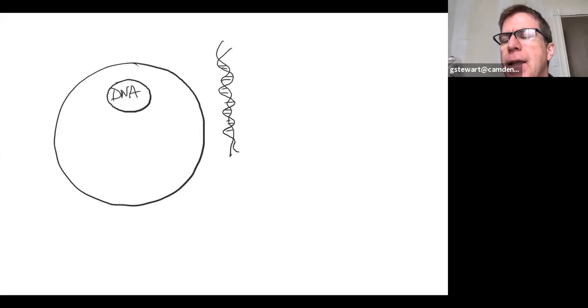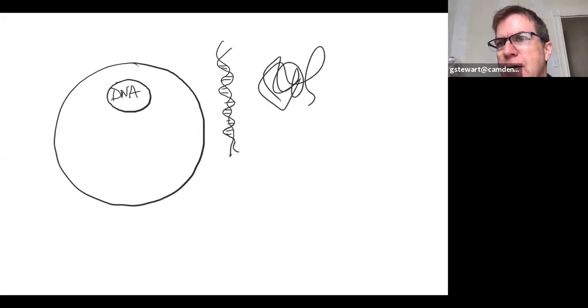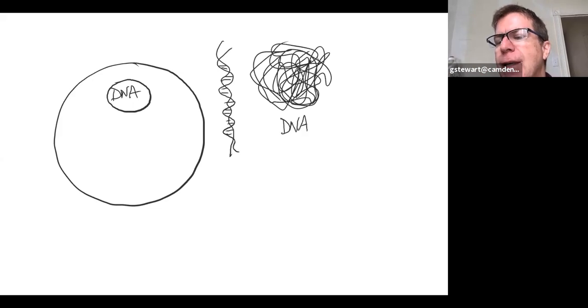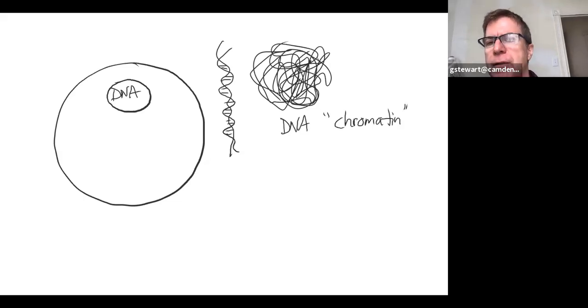Usually that DNA in the nucleus looks like this. It's just a big mess. It's a big ball of mess. And when the DNA is in this state, we call it chromatin. And that's how our DNA looks like most of the time.